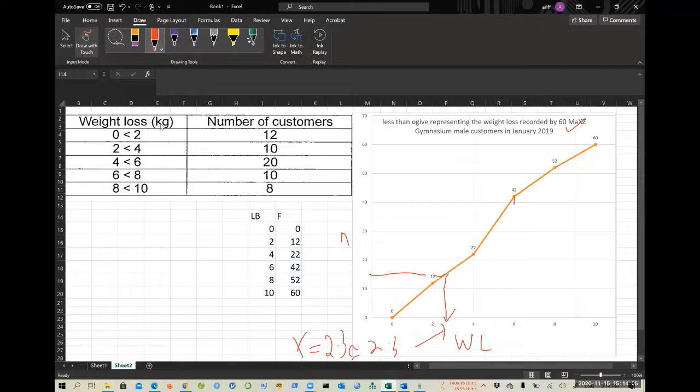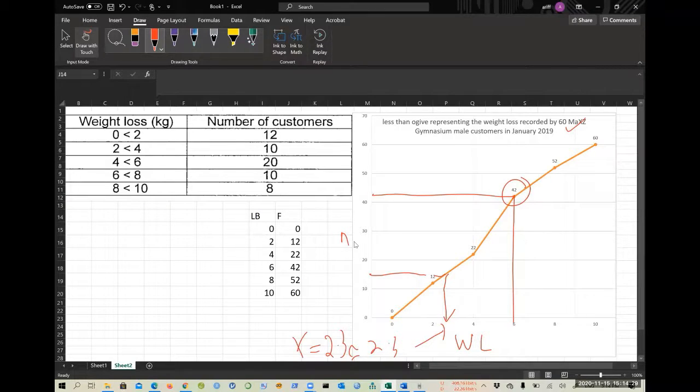So that means this is 42, right? So it is 42. Okay, 42 people have lost their weight less than 6 kg. So that means 42 customers, right?